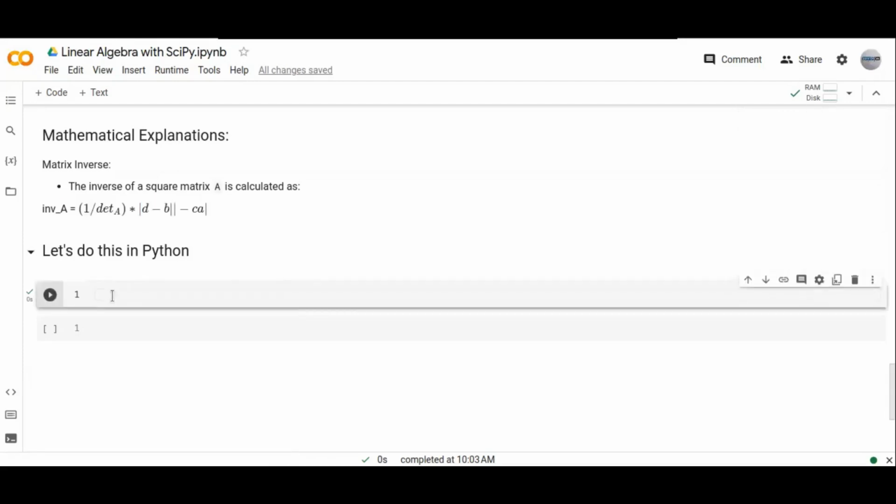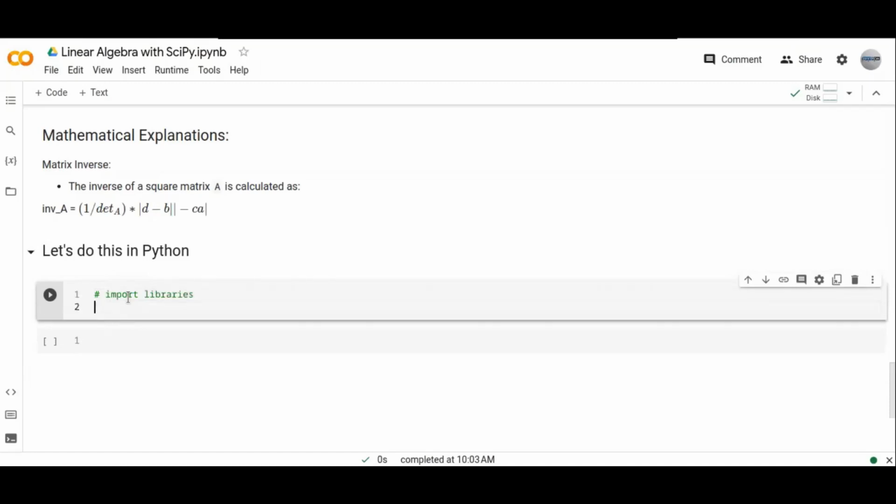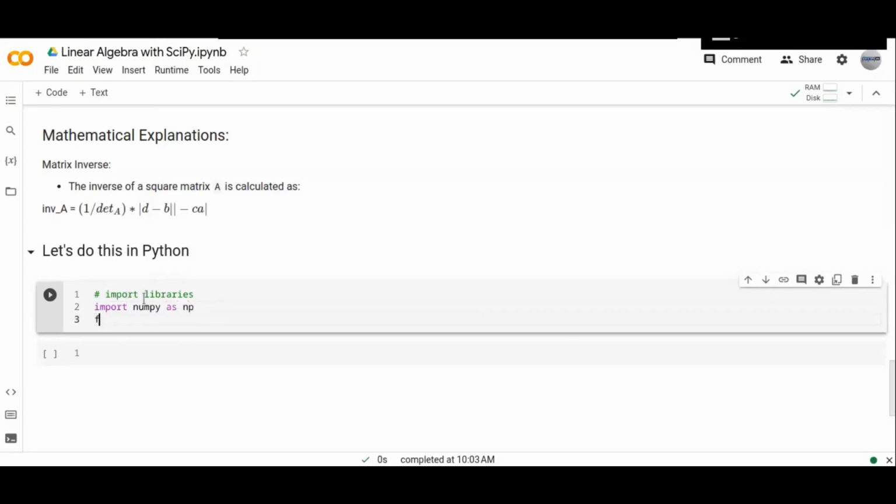Okay, let's do it. First of all, let's import the libraries as usual. Import NumPy as np. From SciPy, we import linalg.